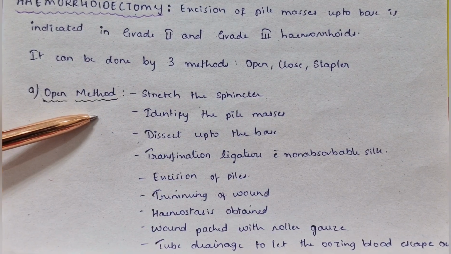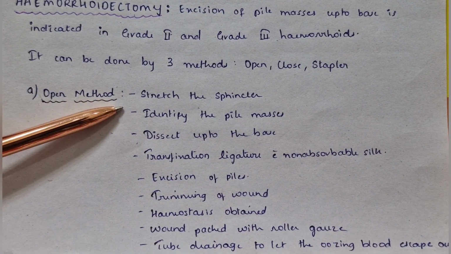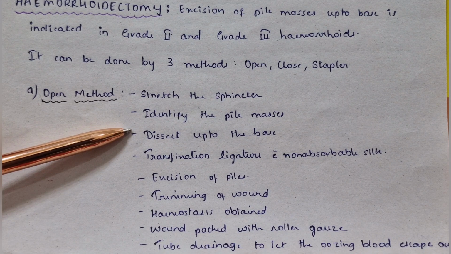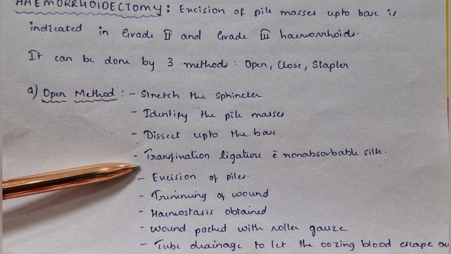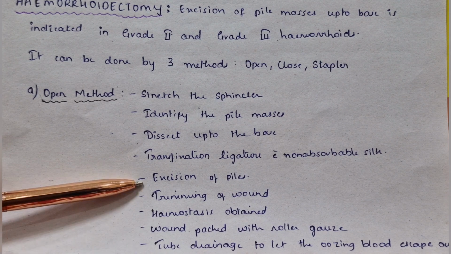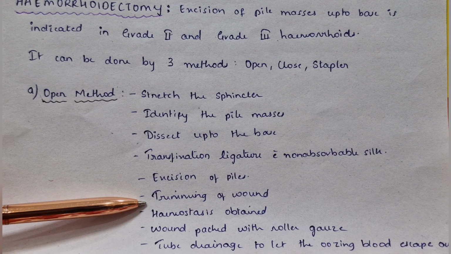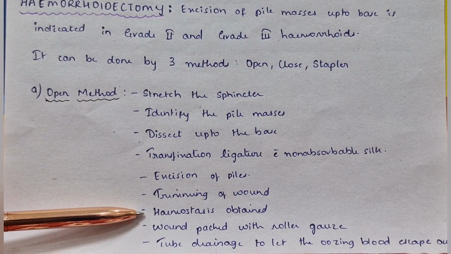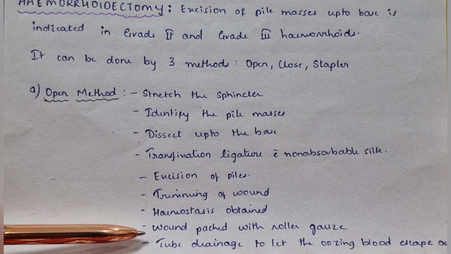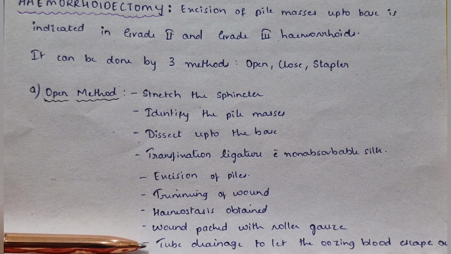In the open method, stretch the sphincter, identify the pile masses, dissect up to the base, transfixation ligature with non-absorbable silk, excision of piles, trimming of wound. Hemostasis is obtained, wound packed with roller gauze, tube drainage to let the oozing blood escape out.